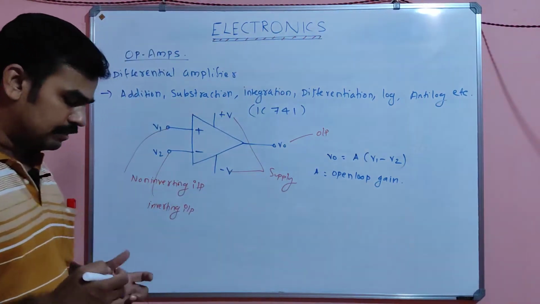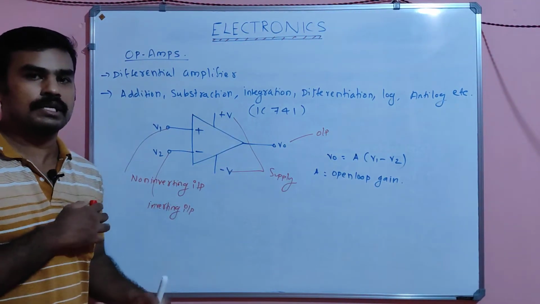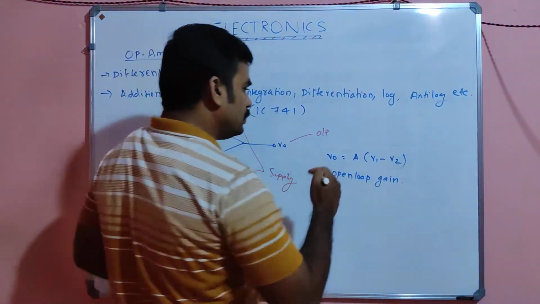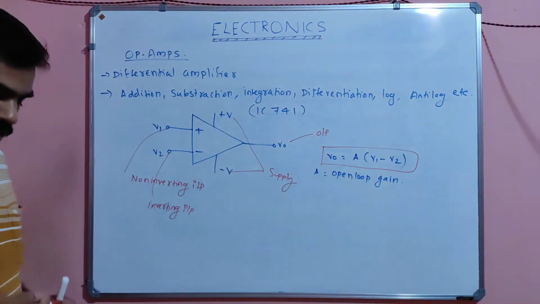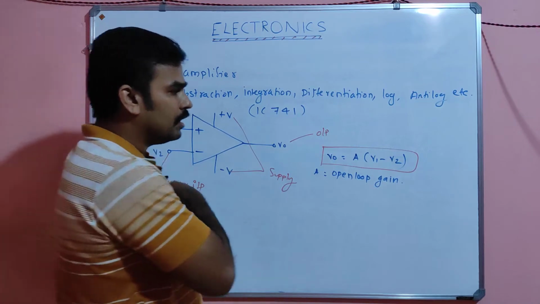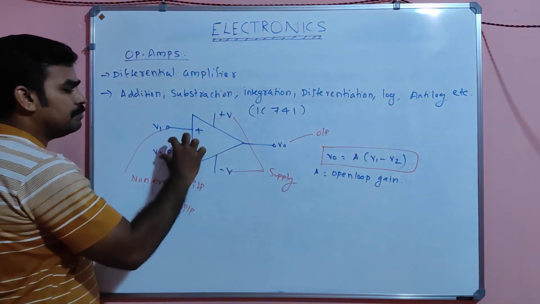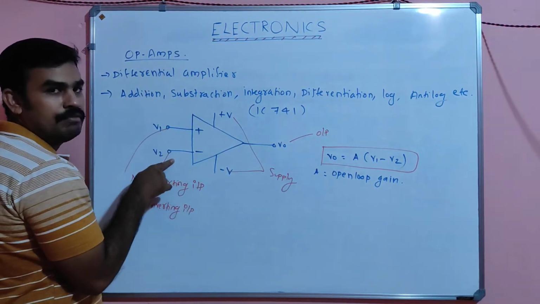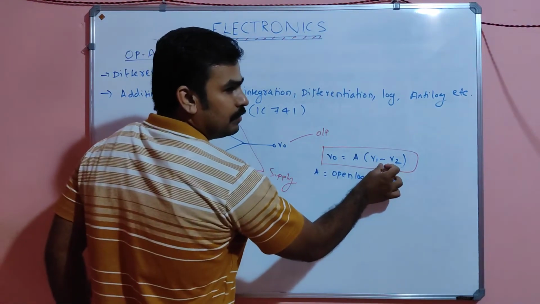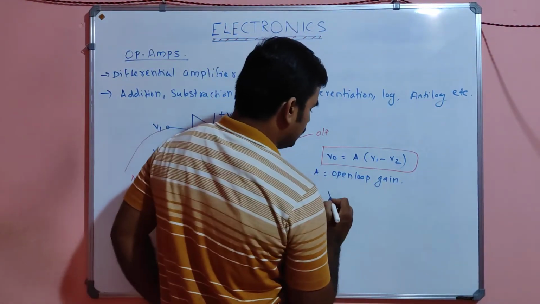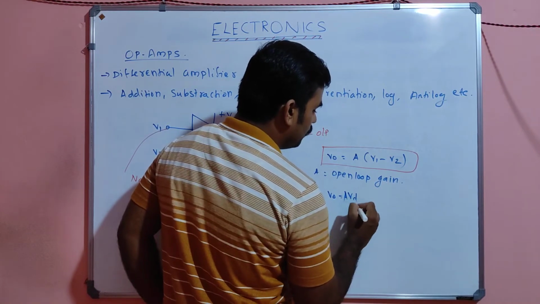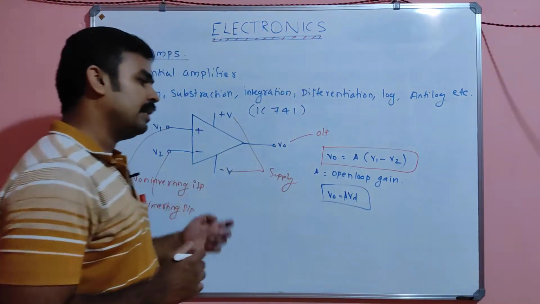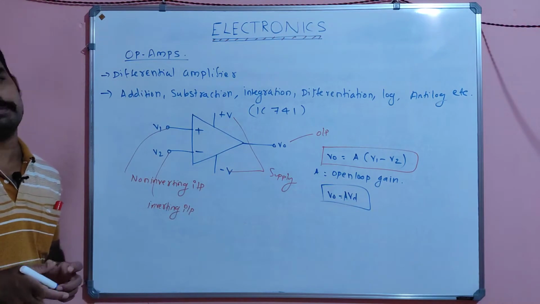Whenever we use an amplifier, the amplifier produces the amplified version of the input. Now the input is the difference of the input quantities, V1 and V2, which we can also write as A into VD, where VD is the differential input.